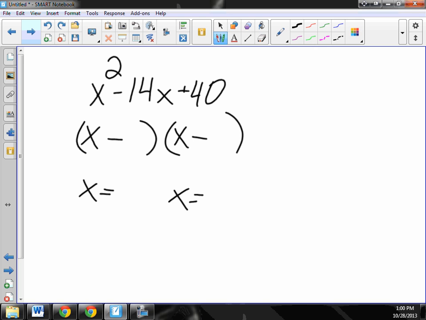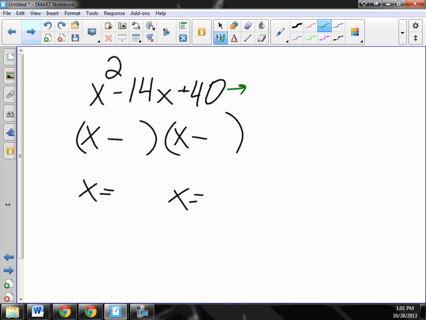Okay, so now we have to figure out where this 40 came from. And we talked earlier that when you multiply the factors together, you get 40. When you add the factors together, you get 14. So we're just going to go backwards. Let's look at the factors of 40. And I highly recommend you write them all down and you write them in order so you don't miss any.